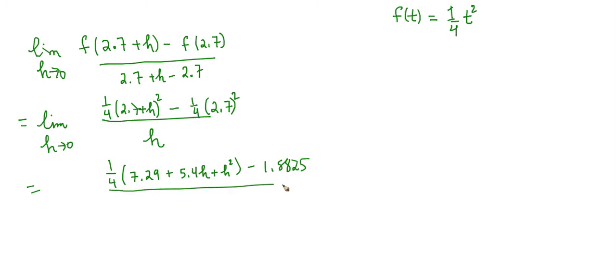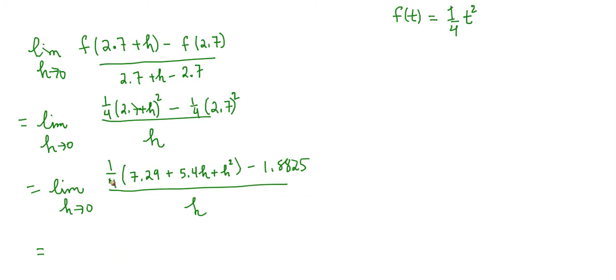All of this over h, and don't forget we are taking the limit as h approaches 0. Now remember, with our work with taking limits, we cannot just substitute 0 in for h. That would give us division by 0, which is problematic. But let's see what happens as we continue.